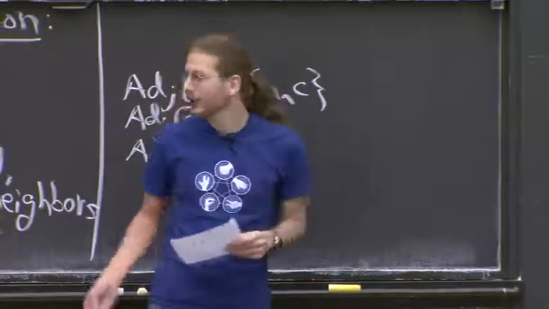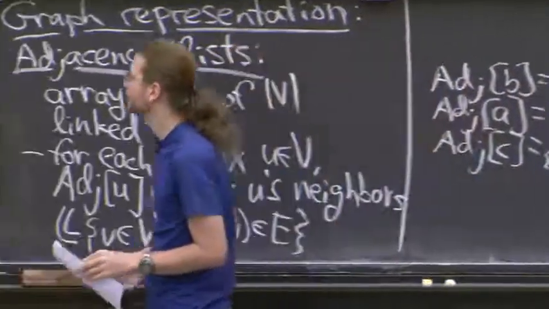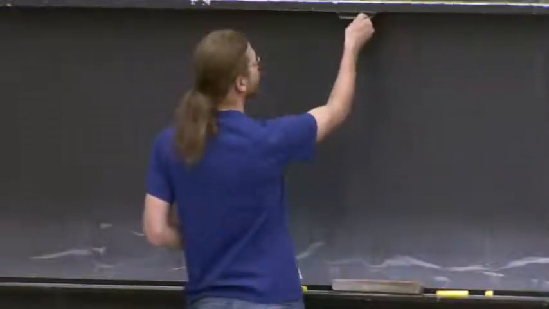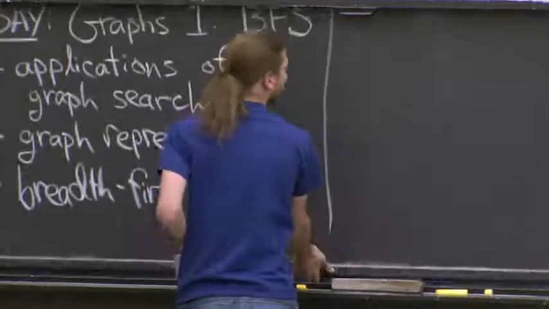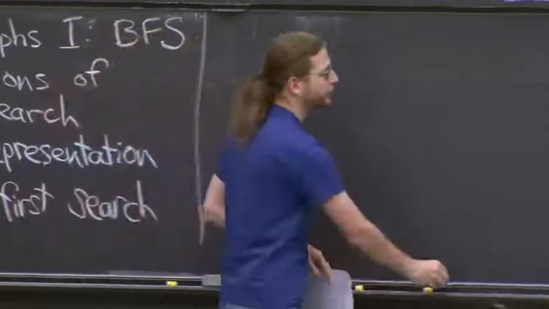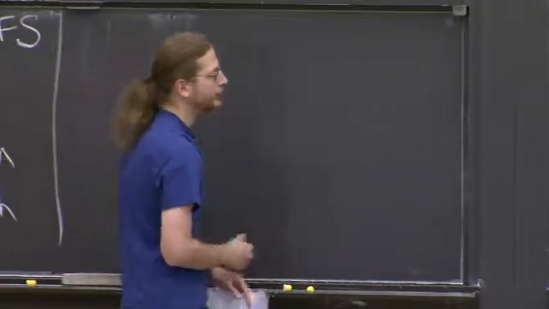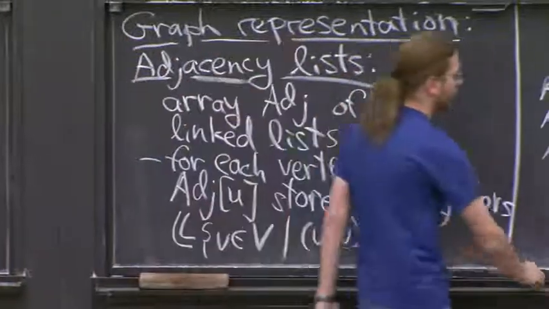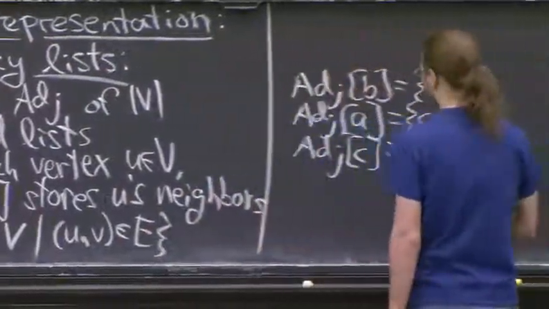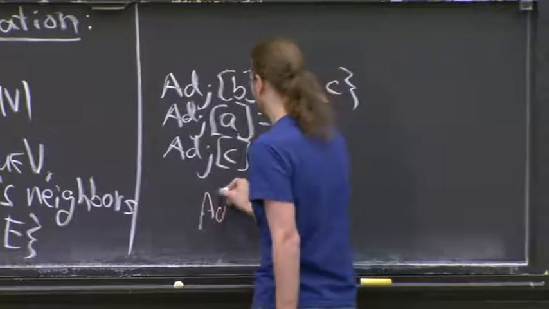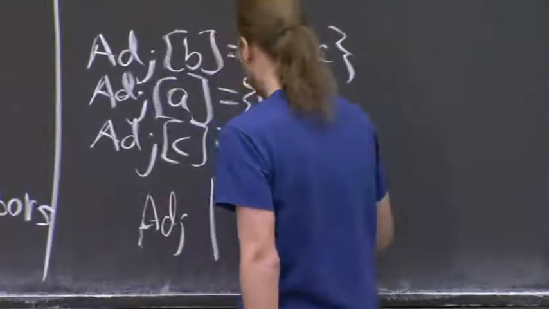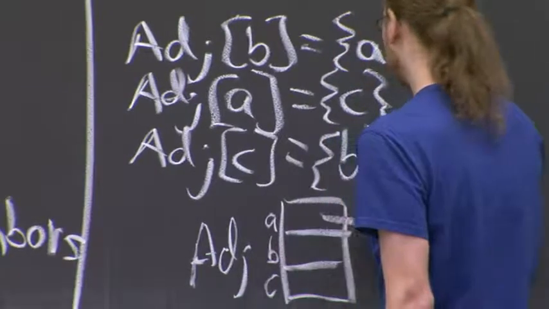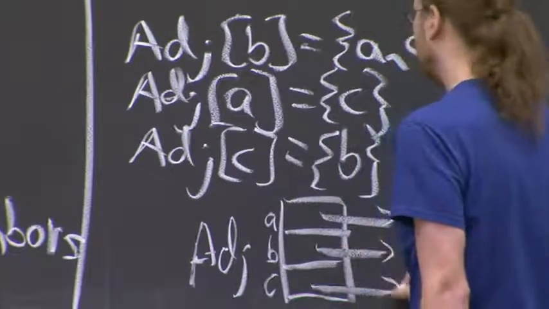There's a lot of different ways to actually implement adjacency lists. I've talked about two of them. You could have the vertices labeled 0 to v minus 1, and then this is literally an array. In this picture, ADJ is an array. So you've got A, B, and C. Each one of them is a pointer to a linked list.